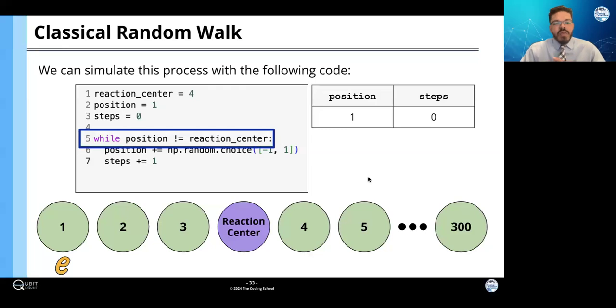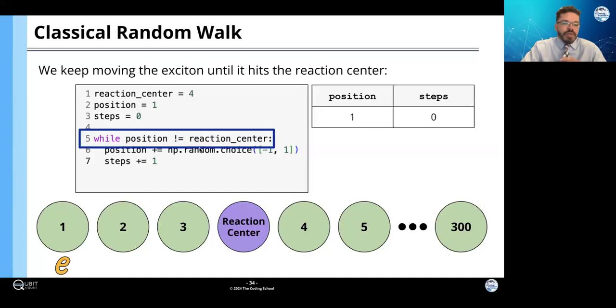Now let's look at this while loop. It says while the position doesn't equal the reaction center, we're going to do the following steps. We add a random plus or minus 1 to the position, so the position either goes up by 1 or down by 1 randomly.